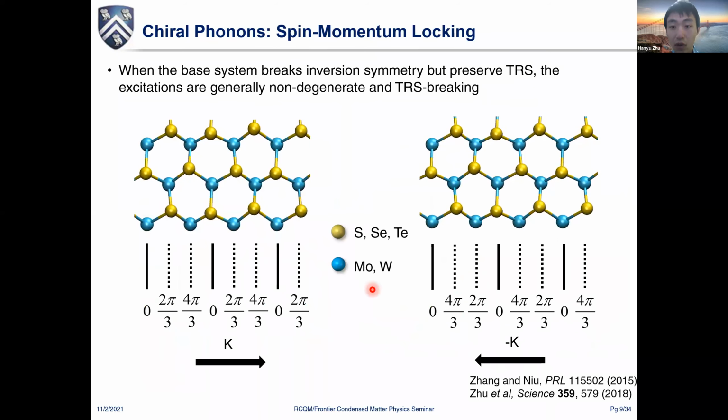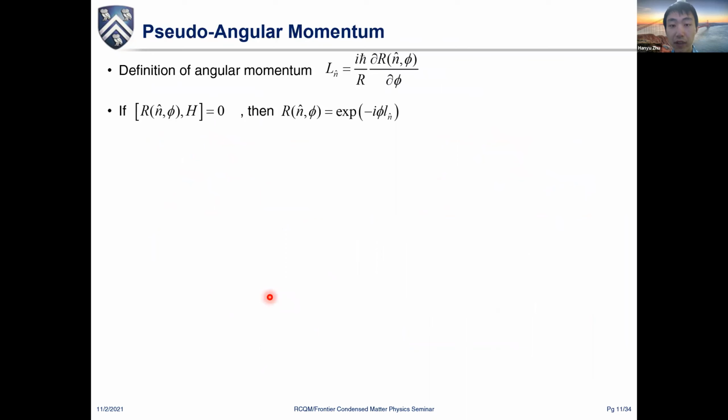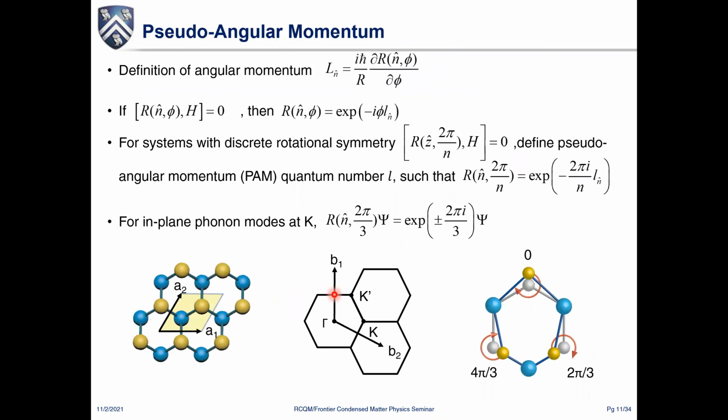These are zone boundary. Yes, those are zone boundary. So it does have orientation, and that is in the plane. The K direction is in the plane, right? Yes, the K direction is in the plane.